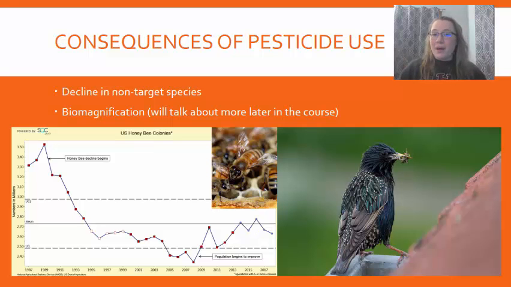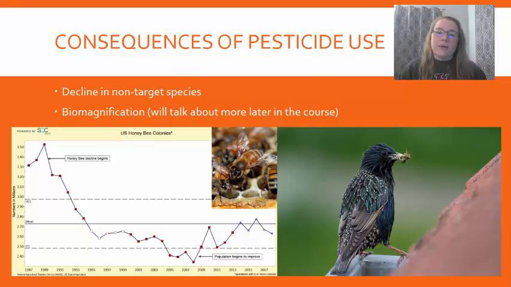Honeybees are natural pollinators, and they are often the victims of unintended pesticide overspray. Because they also tend to hang out around these crop fields, they're going to die off when pesticides are used. Now, this is not the only reason for colony collapse disorder in honeybees. However, it's one of many.